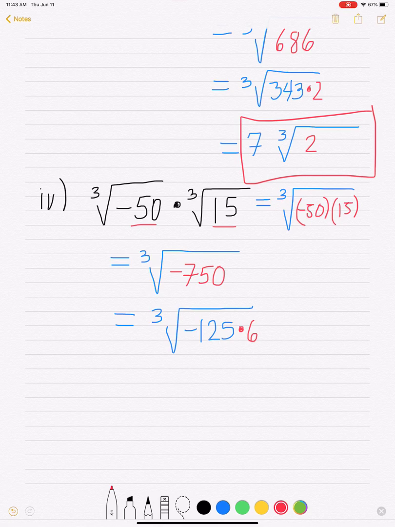Now, negative 125 is a perfect cube. It's a negative perfect cube. What happens when you take the cube root of negative 125? You get negative 5. So negative 125 comes out of jail. His cube root is negative 5, so he comes out as negative 5. And the cube root stays with the 6, because 6 doesn't have any perfect cubes within it.